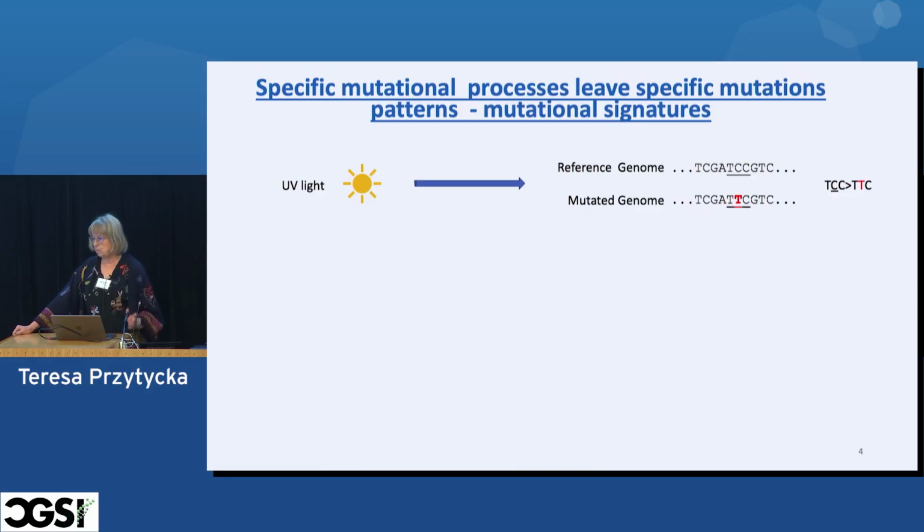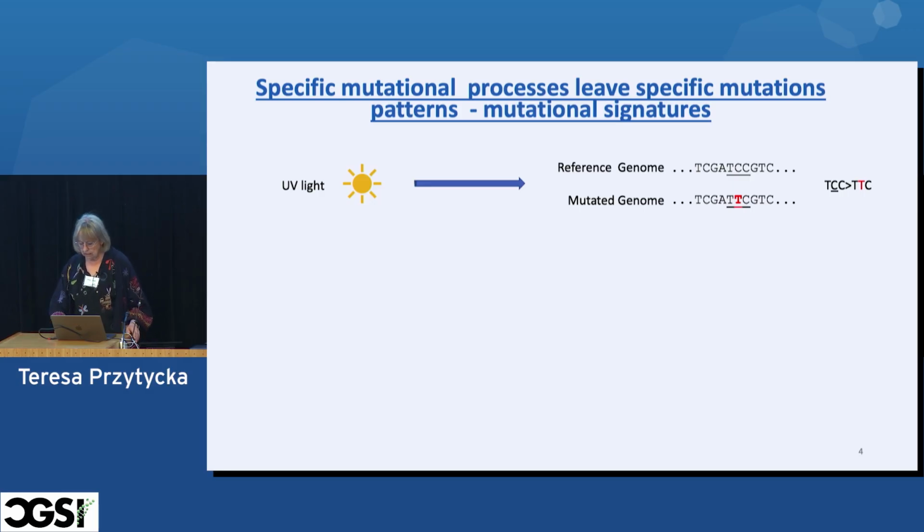The cornerstone of the mutational signature analysis is the observation that many of those mutational processes introduce a very unique imprint on the DNA of, in our case, say, a cancer patient. For example, UV light is known to mutate C to T, but those mutations are context dependent.